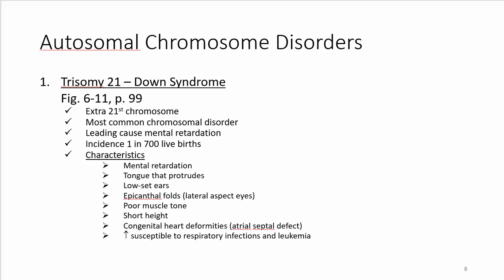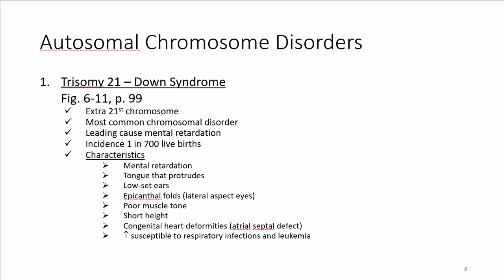Oftentimes, they're difficult to understand because they have trouble enunciating words because of the size of the tongue. Ears tend to be low set. They're lower in the temporal region, and so it looks slightly off. They look like the cranium is too large because the ears are too low set.